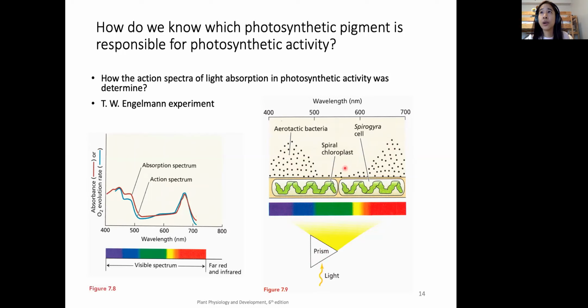These bacteria grow better with oxygen, and Spirogyra will produce oxygen for them. So in different colors of light, he could detect which color gives more oxygen. In this picture, the blue and the red light give more oxygen than the other wavelengths of light.